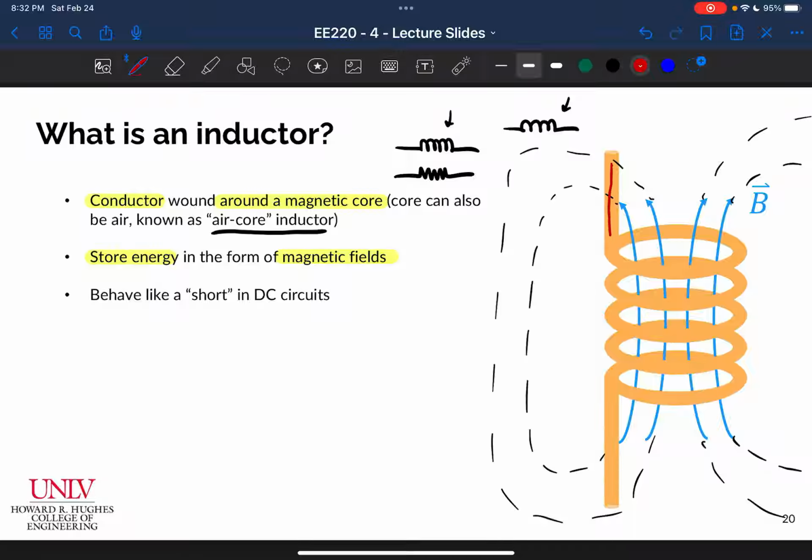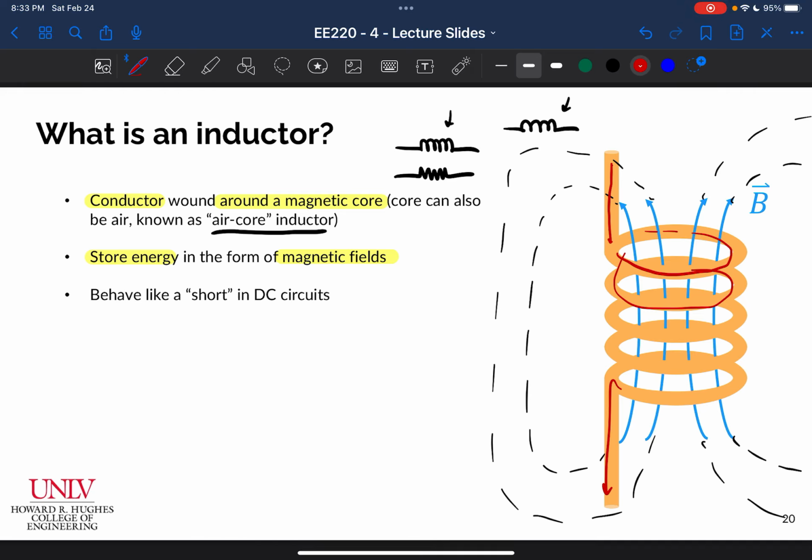So if there's current flowing in this wire, around and then out the bottom, there would be an associated magnetic field. And so the energy storage in the inductor depends directly on whether or not we have current actually flowing in that inductor. We'll talk about that a little bit more when we get into RL circuits.